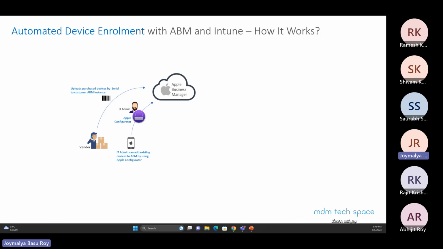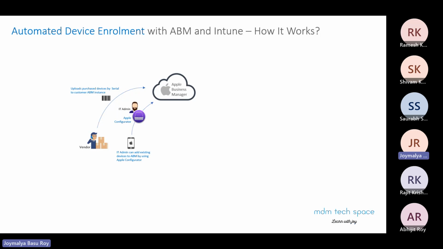Once you have the devices in there, they need to be synced with Intune. How you sync to Intune is by means of a DEP profile, device enrollment program profile, which is still the previous name of automated device enrollment.